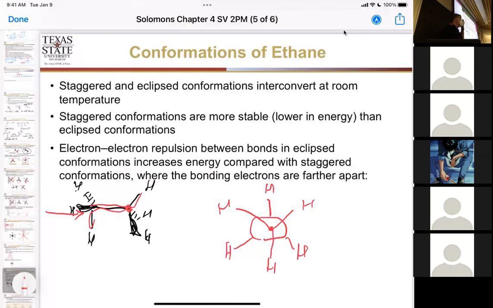And what kind of structure do we have? Eclipsed or staggered? Staggered, okay, great. So if we were to draw this as an eclipsed, all we have to do is rotate this by 60 degrees. And so then we'll have hydrogens all lining up, right here, and this would give us our position.